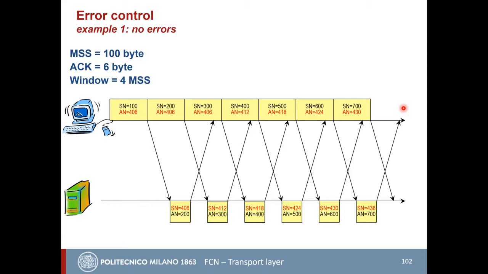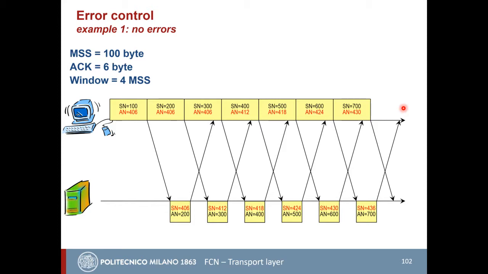The segment arrives at the receiver. In the opposite flow, the acknowledgement number here is initialized to 406. The receiver generates the segment that contains only the ACK, so the sequence number is 406, because it means that the first byte that has not yet been received is number 406.